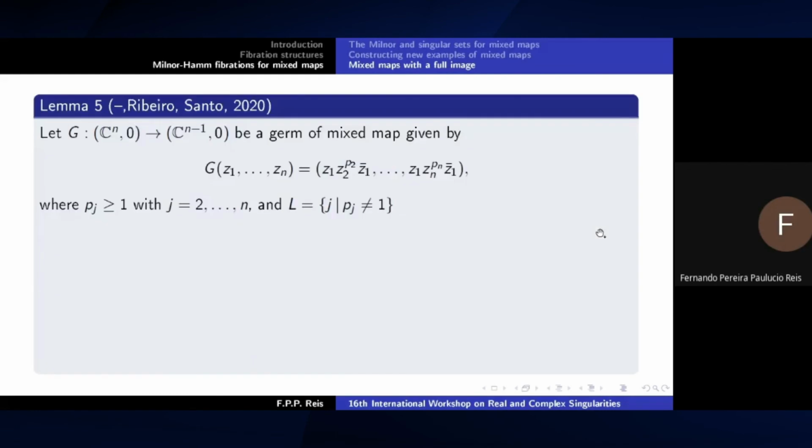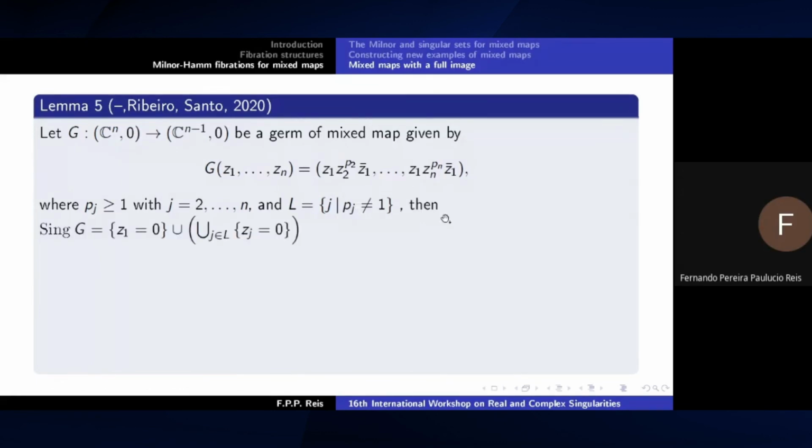Now we have another technical lemma for the proof of our second main result. Let G be a germ of mixed map given by this expression, where each p_j is greater than 1 with j from 2 to n, and j such that p_j is different from 1.